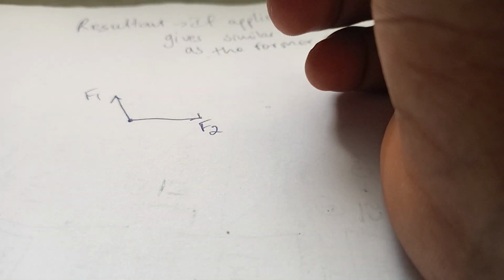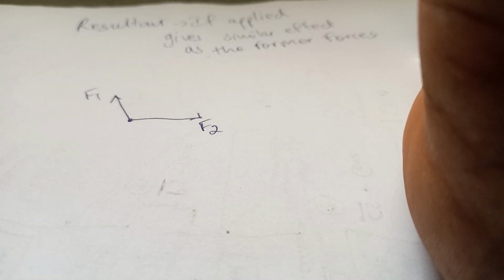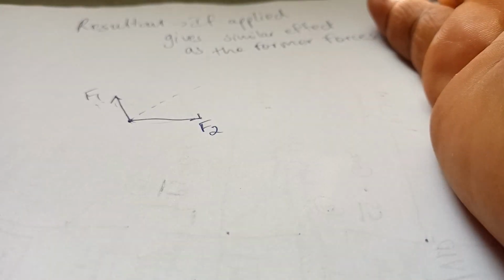Now a resultant force is the force that, if acted upon this object, will give the same effect as these two forces give on this object. This one pushes it in this direction, this force 2 pushes this body in that direction. So if you have good imagination, we know this might move in this net direction.